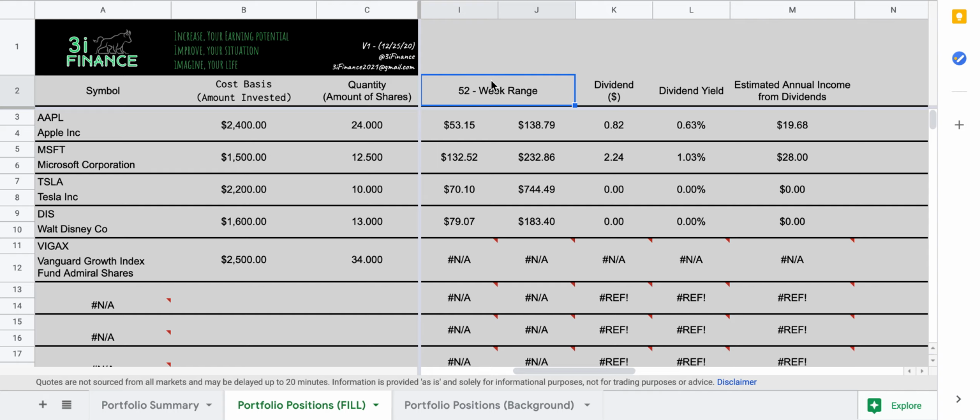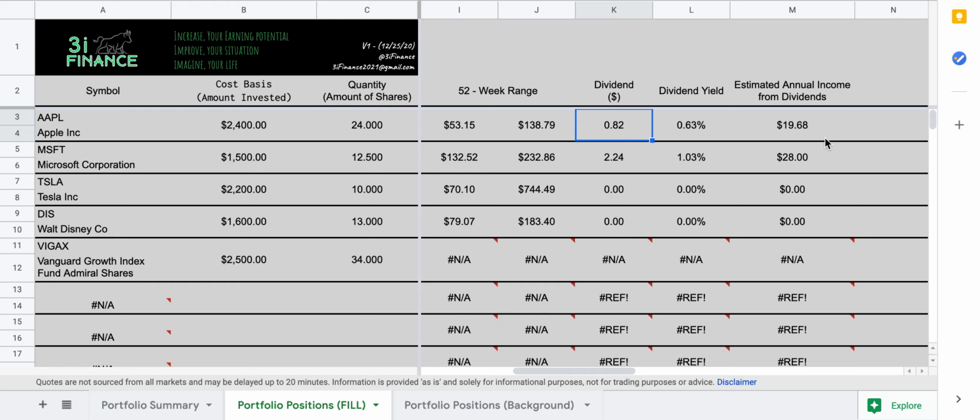For example, Apple pays an 82-cent dividend per year per share. This means that if you multiply 0.82 times 24, the amount of shares that you own, you can expect to gain about $19.68 from Apple for doing absolutely nothing but holding a share or shares of their company.